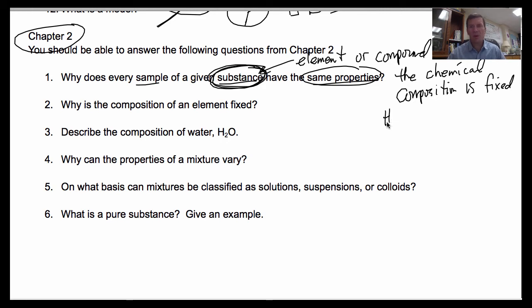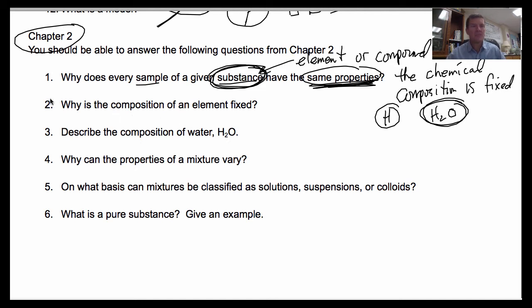Its atom is always the same, and it retains the same properties. Or if I look at a compound like water, H2O, H2O is always made up of 2 hydrogens and 1 oxygen, always. So the properties are not going to change because the chemical makeup, the chemical composition, is always the same, and therefore it's going to behave the same way all the time.